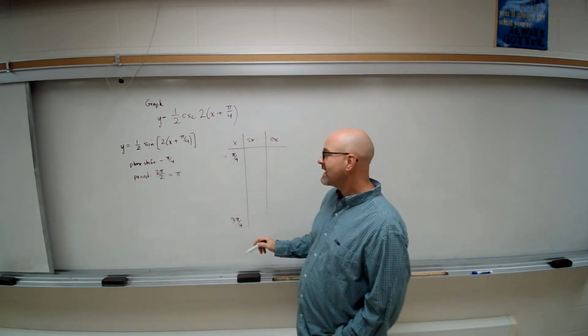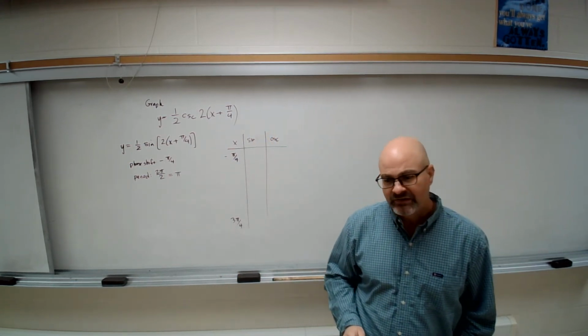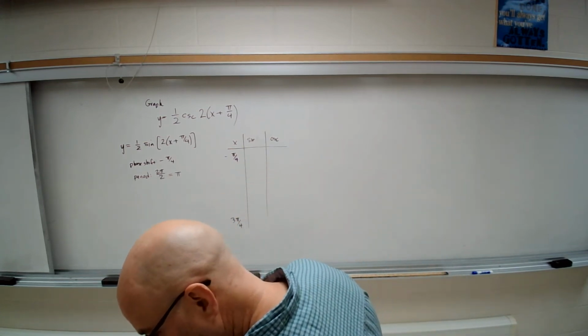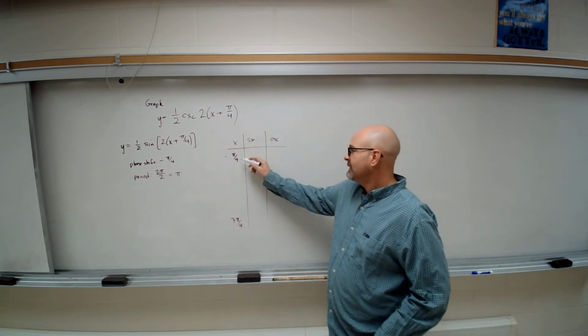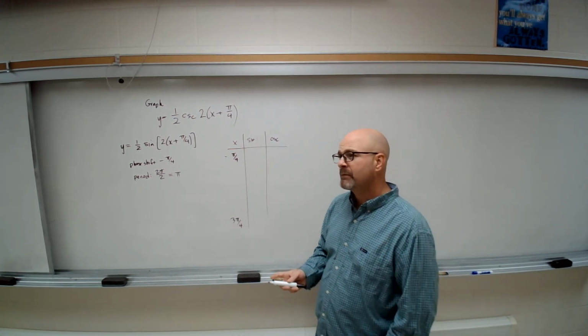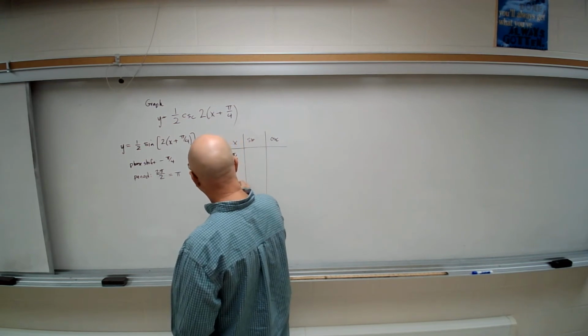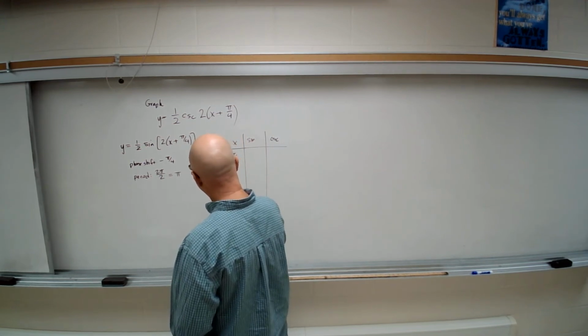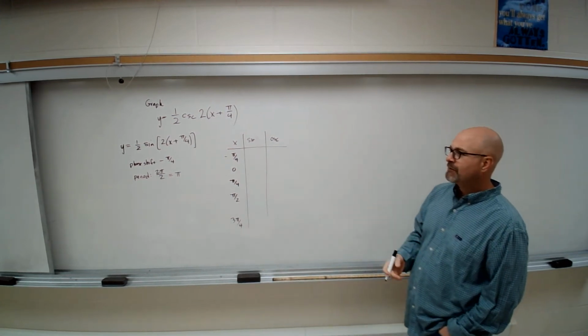So if you would, take a minute and let's fill out this first and second column here. We should be able to do that. Okay, so as we look at this, when we average negative pi over 4 and 3 pi over 4, that's going to give us pi over 4, and then 0, and then pi over 2, right? It's just as we did with just graphing a sine function.